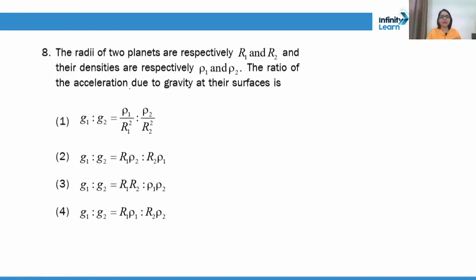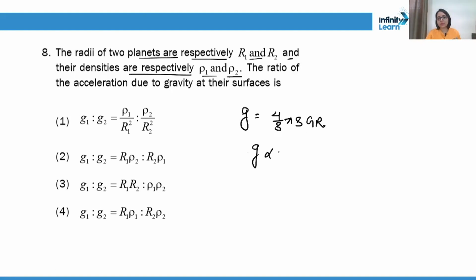Question number 8. The radii of two planets are R1 and R2 and their densities respectively are ρ1 and ρ2. The ratio of acceleration due to gravity at their surfaces. So acceleration due to gravity in terms of density is 4 by 3 pi rho capital G into R, right?